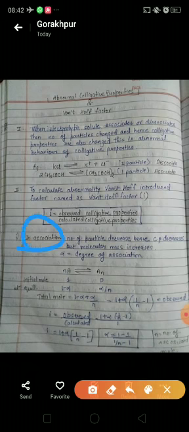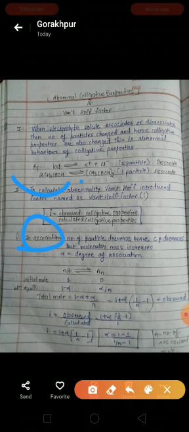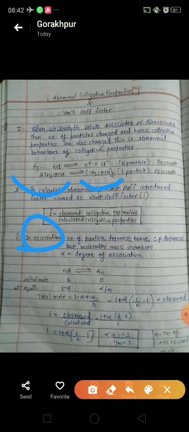In case of association, number of particles decreases. We have seen here 2 molecules of acetic acid result in 1 molecule. So number of particles decreases, hence colligative property will also decrease, but molecular mass increases.